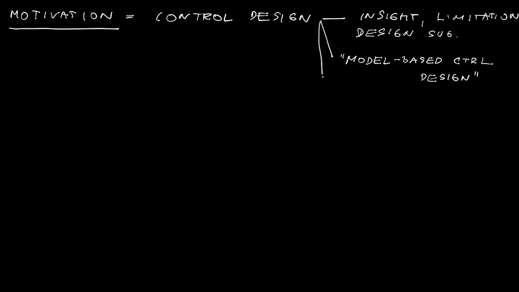And finally, the last opportunity for modeling is at the moment where the controller has already been designed and you are about to implement it. Before you do so, you would like to verify that it will work with the original system, because you did your control design based on some simplified model.